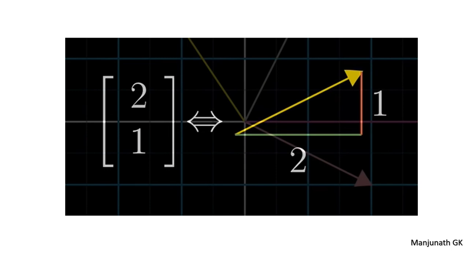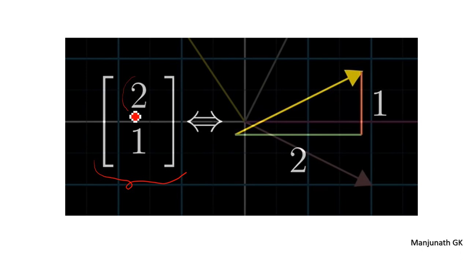Alright. Consider a 2 and 1 enclosed in a square bracket. It is a representation of a vector. It is a vector having two components in the xy plane. Only two axes are available here.